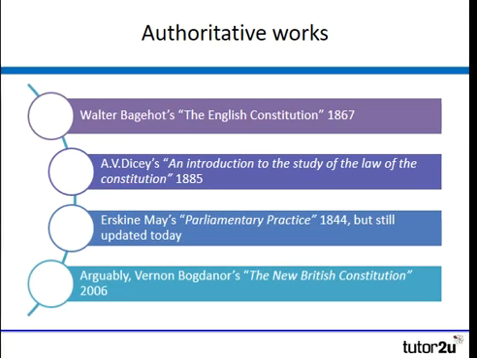Erskine May's Parliamentary Practice, first published in 1844, is in fact still updated today as a way of understanding exactly how Parliament continues to work. Arguably, there are more recent authoritative works as well. For example, the constitutional expert Professor Vernon Bogdanor and his work, The New British Constitution, published in 2006.